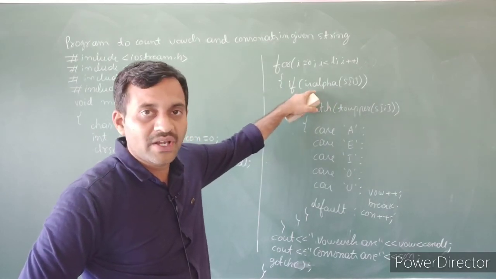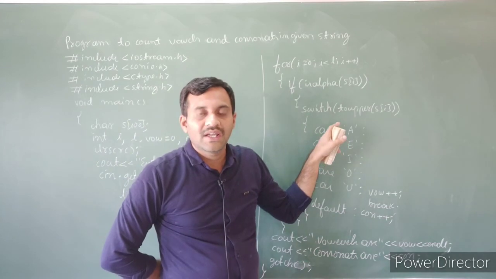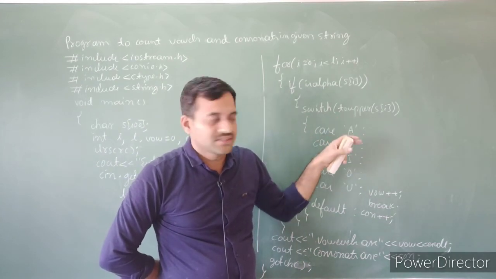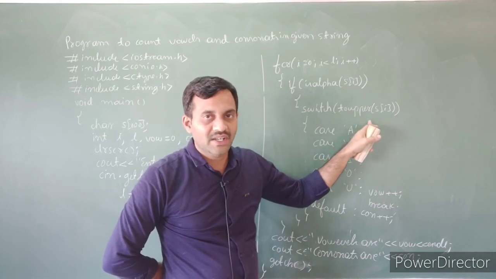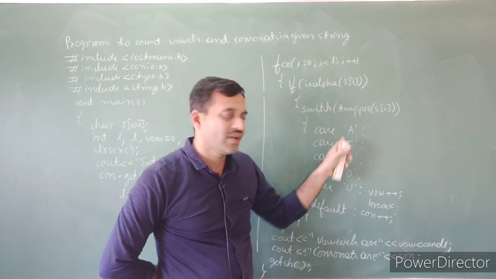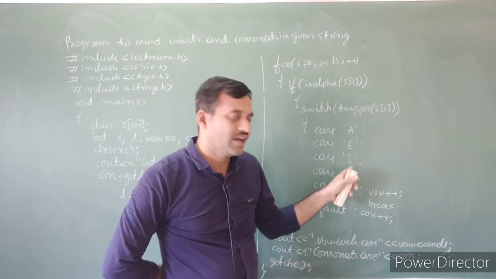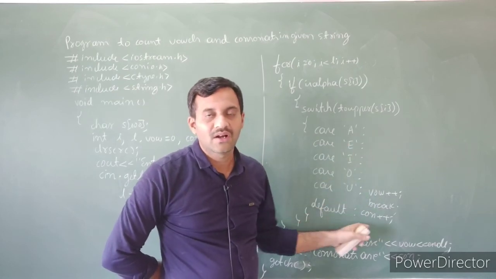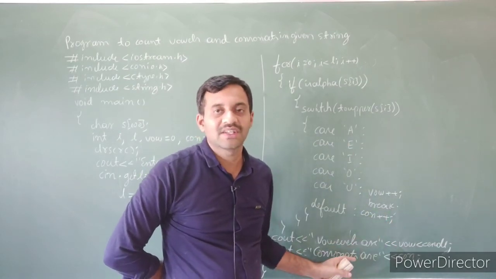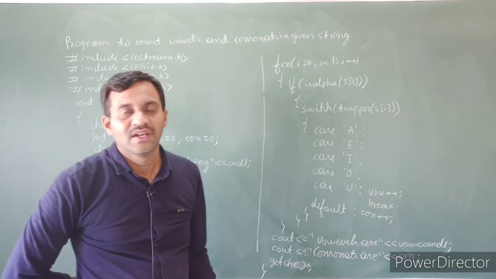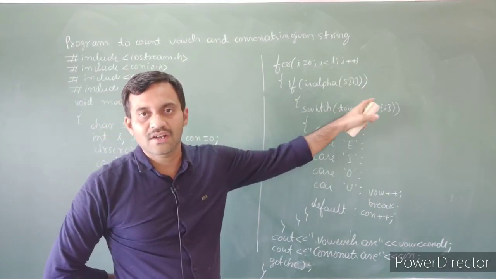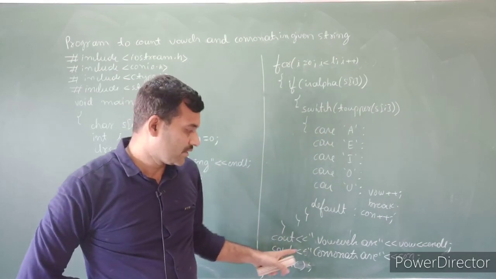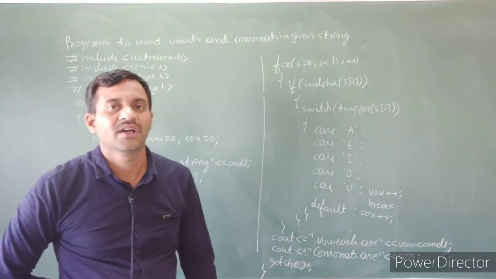If it is an alphabet, then convert the given character to uppercase, say toupper. If it is in uppercase, then verify A, E, I, O, U. If it is a vowel, increment the vowel, otherwise increment the consonant. If all the characters are read, then print the number of vowels and number of consonants.